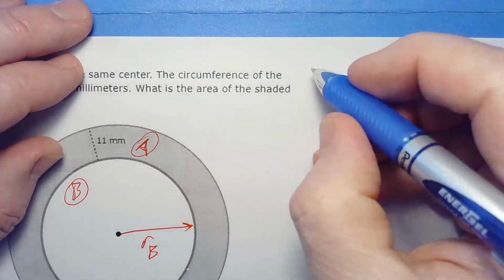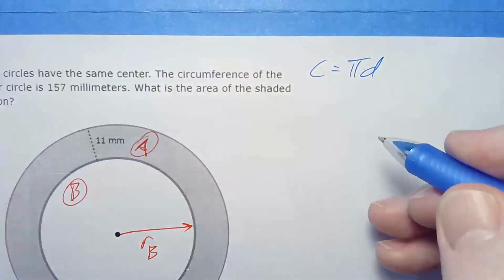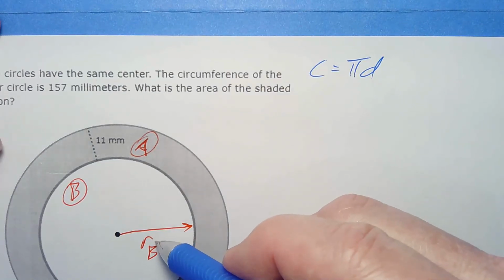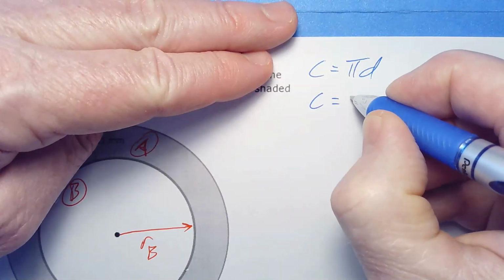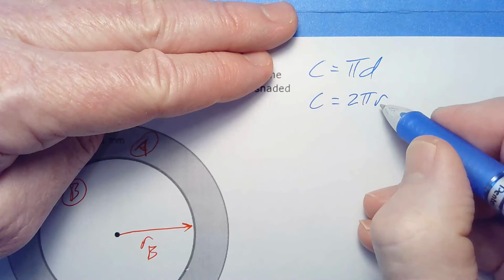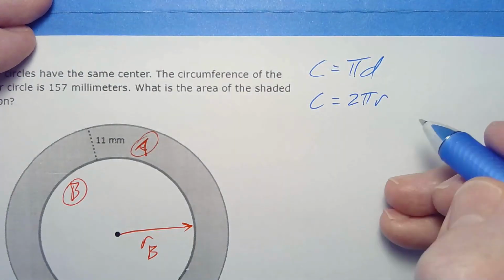We've got circumference equals pi times the diameter, right? Now, that's not really what we want because we're trying to find the radius. So I'm going to actually use the version where circumference equals 2 pi r, right? The diameter is 2 r's, we kind of split it with the pi in the middle. That's just what people do.